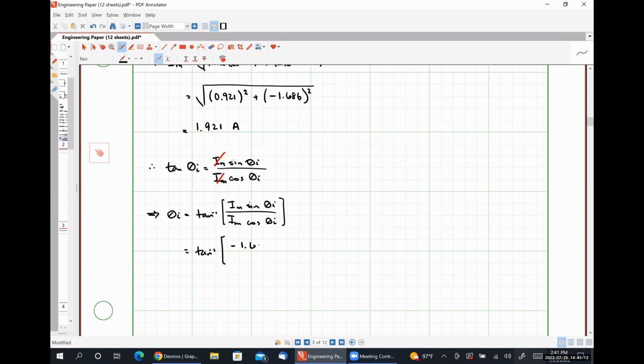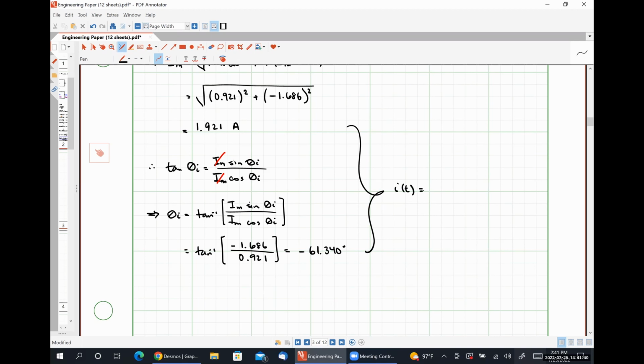Negative 1.686 divided by 0.921, and I get this angle to be negative 61.340 degrees.